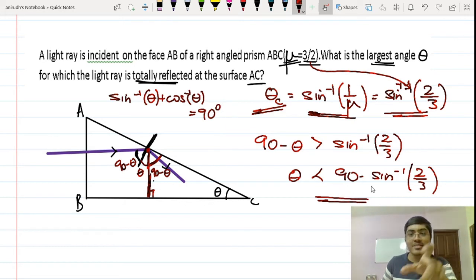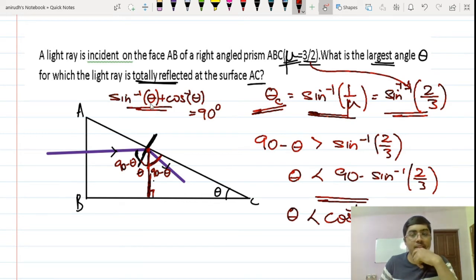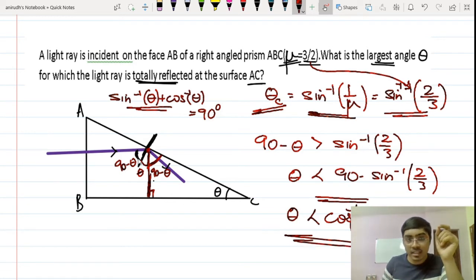So 90 minus sine inverse of 2 by 3 is equal to cos inverse of 2 by 3. This simplification is required just for neatness. So theta should always be less than cos inverse of 2 by 3 for the ray to have total internal reflection. That means it should always be less than that.